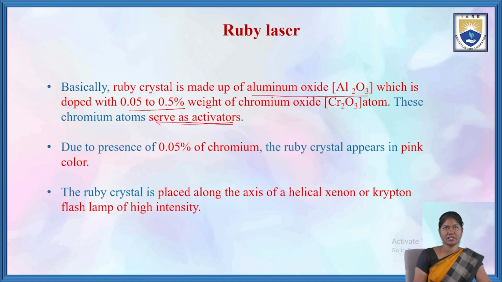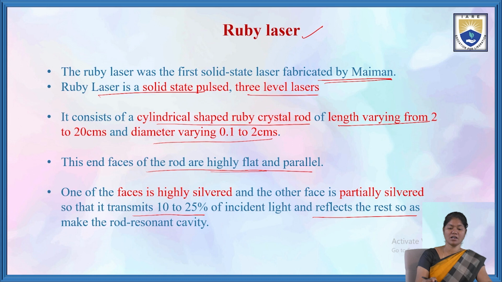So here in this ruby laser, there is a ruby crystal rod with a length varying from 2 to 20 centimeters and a diameter of 0.1 to 2 centimeters. The end faces of the ruby rod are flat and parallel.